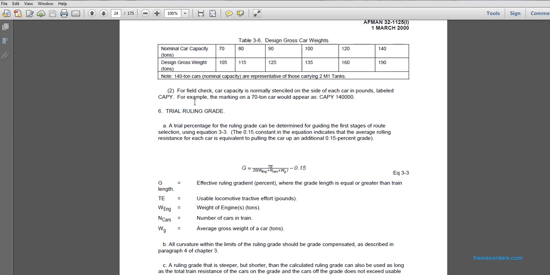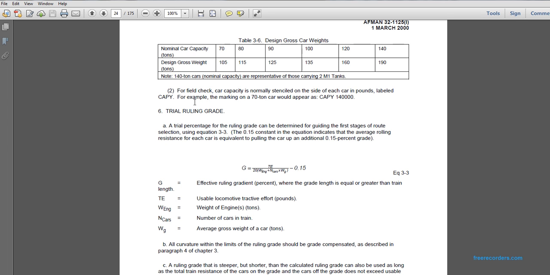Trailing ruling grade. The trailing percentage of ruling grade is determined during the first stage of route selection using equation 3.3. The 0.15 constant in the equation indicates the average rolling resistance for each car, equivalent to the pulling power of the addition of 0.15% on the grade. The grade length is the effective railway grade percent, and the grade length is equal to or greater than the train length.